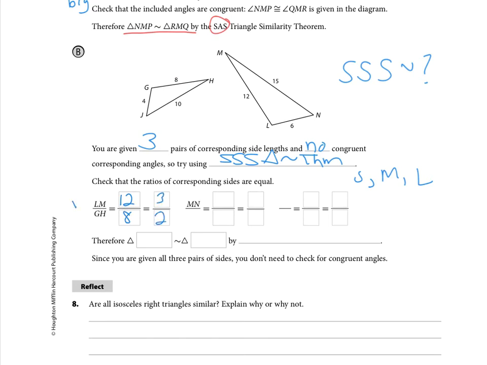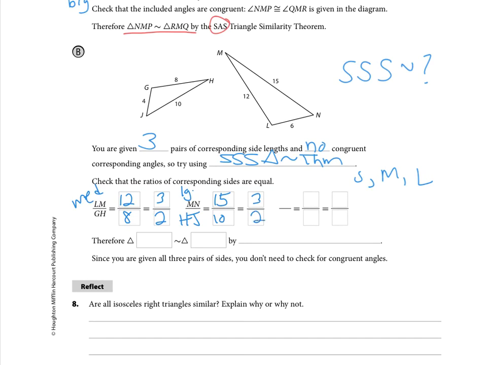So that's our medium sides. Then we go to MN, and MN is our large sides. So 15, MN is going to correspond to the longest side of the small triangle, which is HJ, and that is 10, and that also reduces to 3/2.